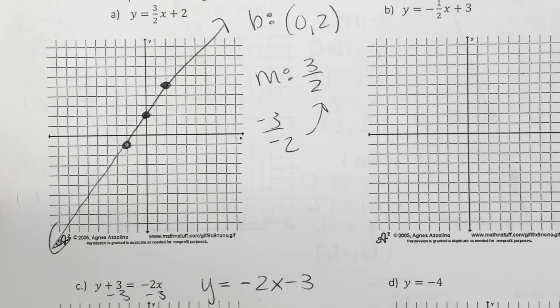Imagine you're looking at the line. You can tell it's going down here, so it has a negative slope. So you did it right. Okay, so this one has a negative slope. It shouldn't be going this way, right? So graph it like this.